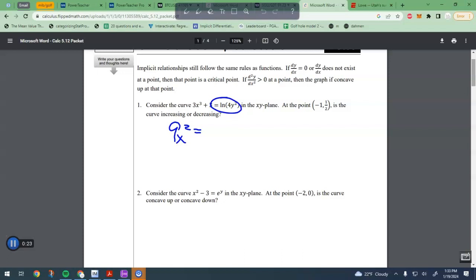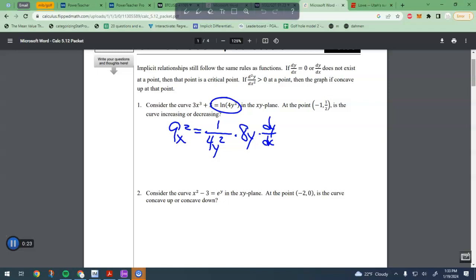The derivative of ln of whatever is 1 over the whatever, times the derivative of the whatever, that's your chain rule piece, times, I took the derivative of a thing with a y, so times dy dx.